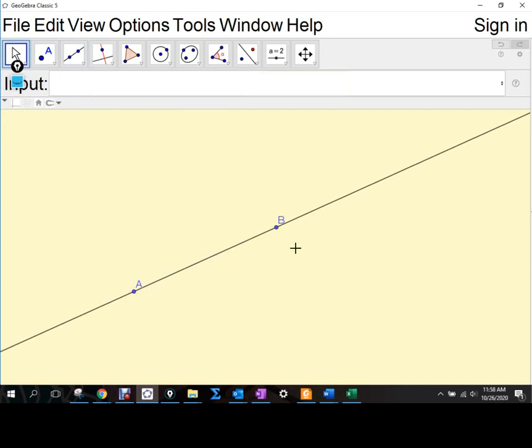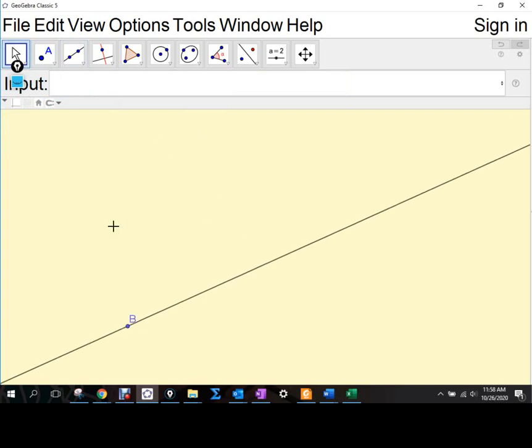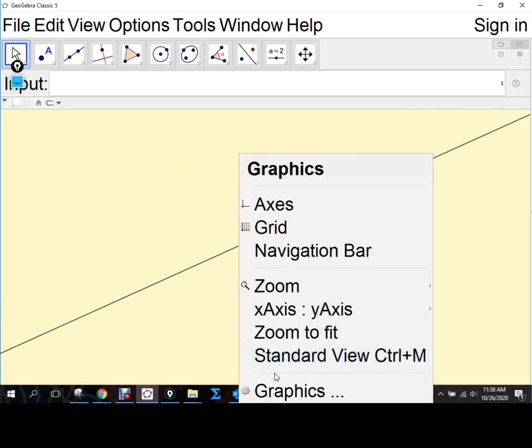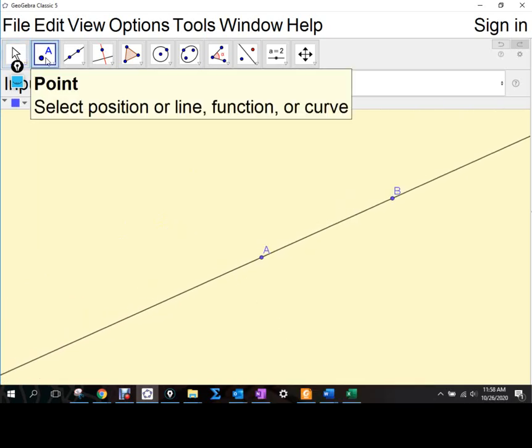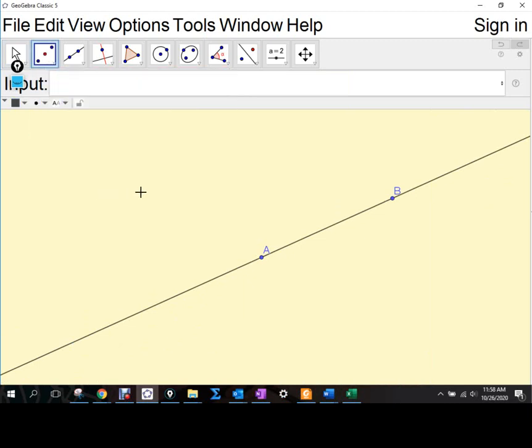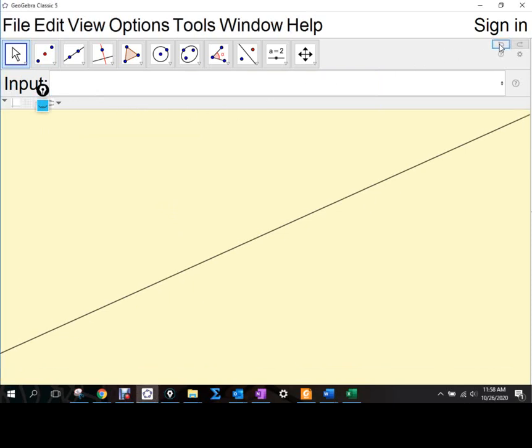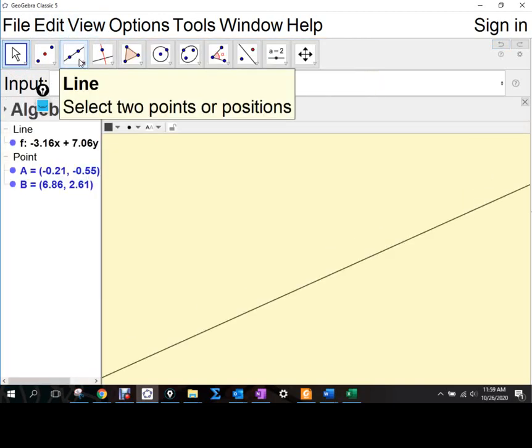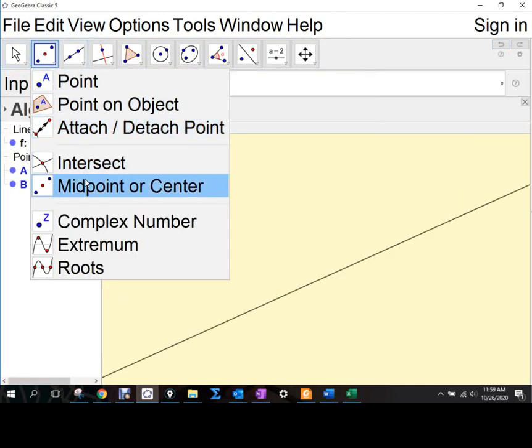If AB is my line, and this thing obviously goes on forever in both directions, right? So this has a feature that says find the midpoint. And if I just click on... well, that didn't do what I wanted. I wasn't clicking on the line. And Control Z doesn't work. All right, so I got my line, and I want to find the midpoint of it.